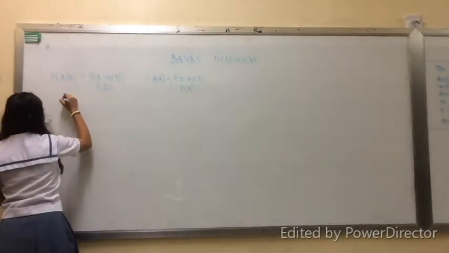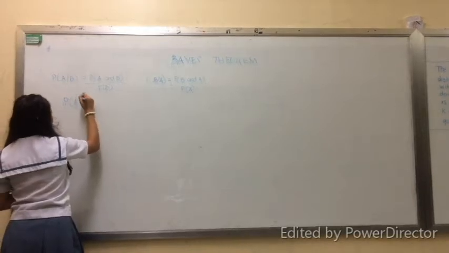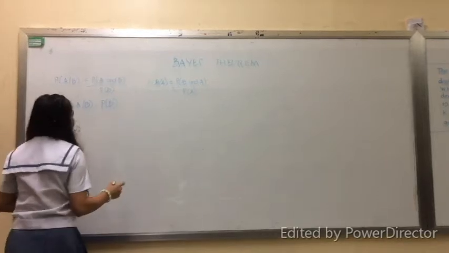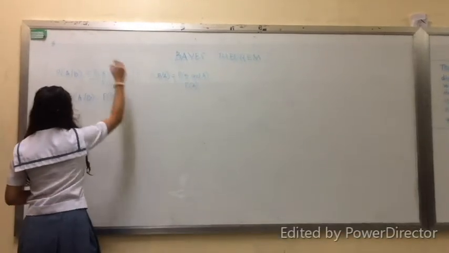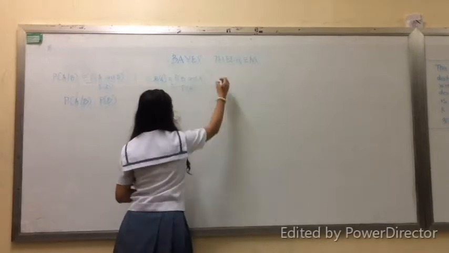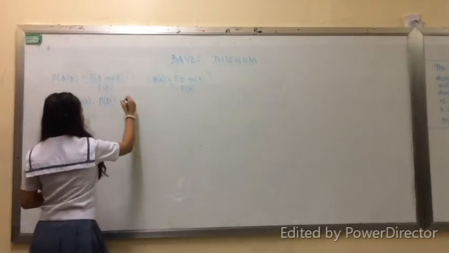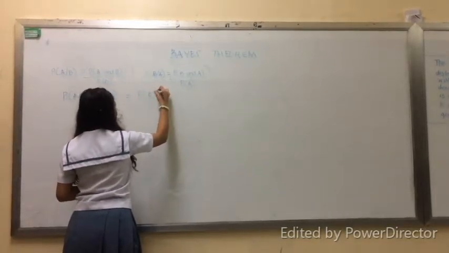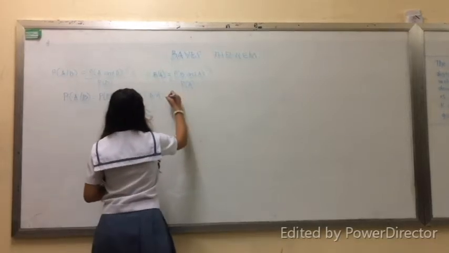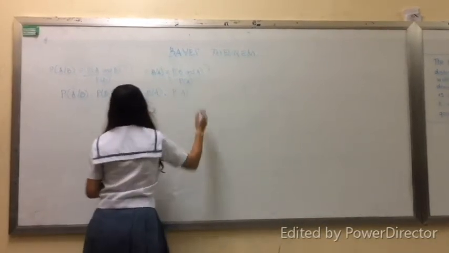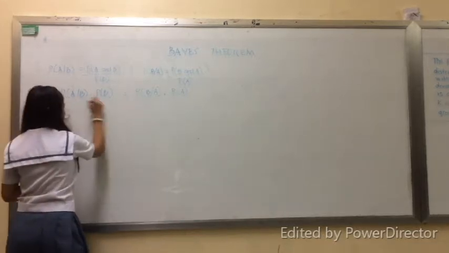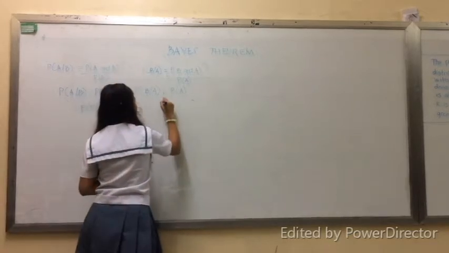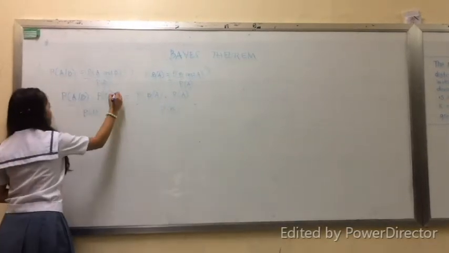So this will be equal to the probability of A given B times the probability of B. And we will assume that since the probability of A and B and the probability of B and A are both equal, this will be equal to the probability of B given A times the probability of A. So to simplify, let's divide this by the probability of B. So cancel this out.